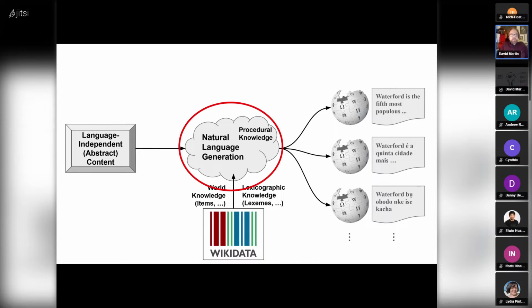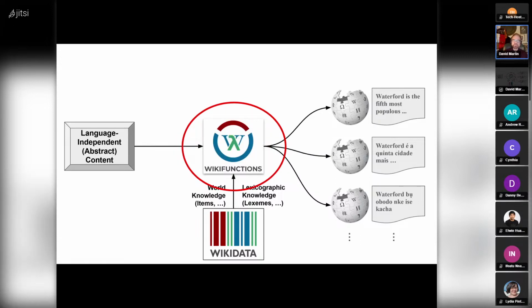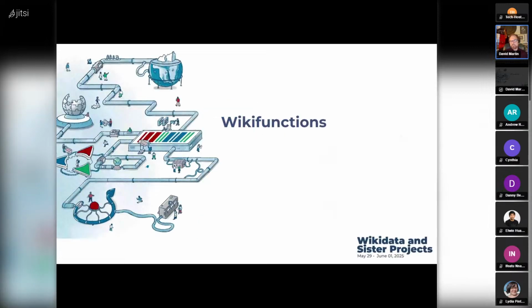Most of the work to date of our Abstract Wikipedia team has been focused on building this central component, not only to support natural language techniques, but also to capture a broad range of procedural knowledge. And this central component, in fact, is Wikifunctions. So let's turn our attention to Wikifunctions.